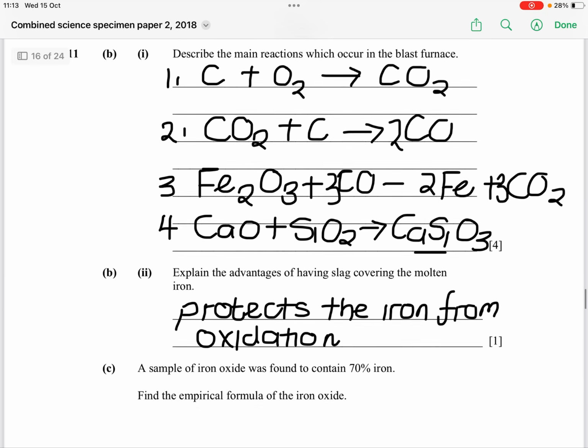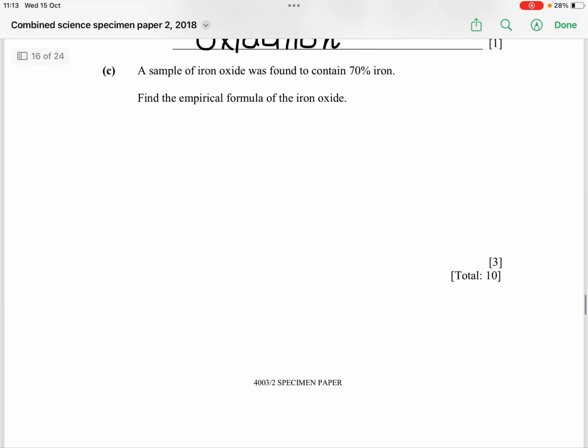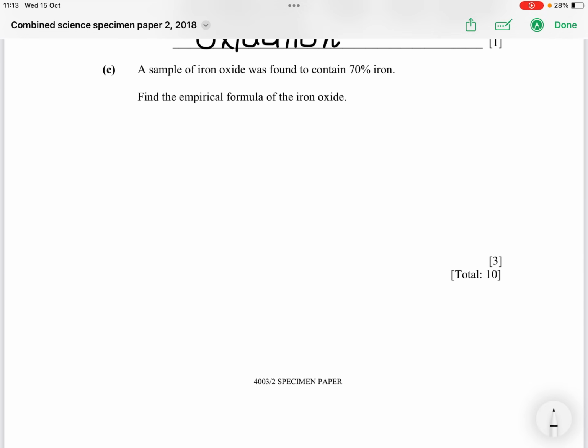And then next, we are now required to work a question on empirical formula calculation. The question reads: a sample of iron oxide was found to contain 70% iron. Find the empirical formula of the iron oxide. The first step is that we list the elements present in the compound.